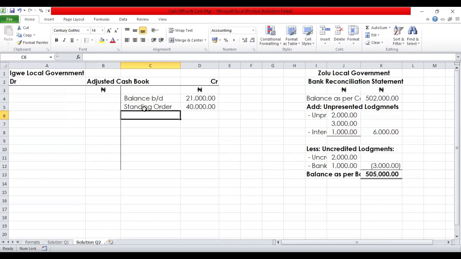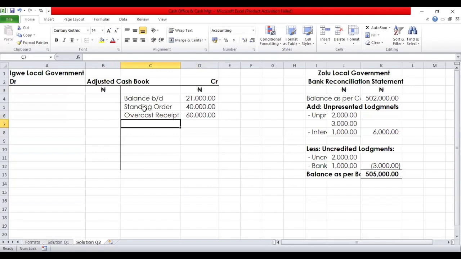You look for the difference. We call it overcast receipt. The difference is 71,000 minus 11,000, that's 60,000. Is it clear?